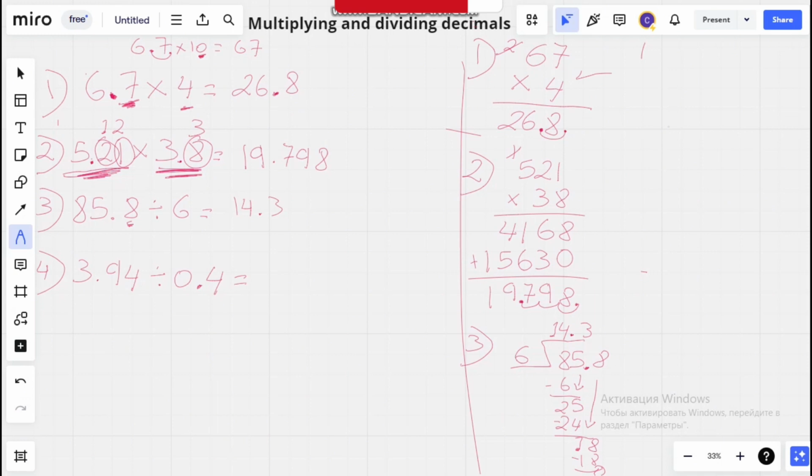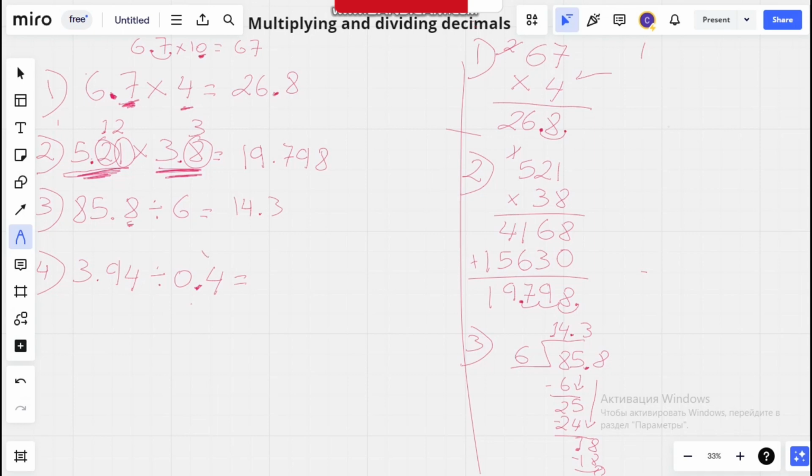Okay? Let's do number 4 over here where we have some space. Now, when you're dividing a decimal by another decimal, it gets kind of tricky. So the first thing is you want to make the divisor a whole number. So how do you make 0.4 a whole number?